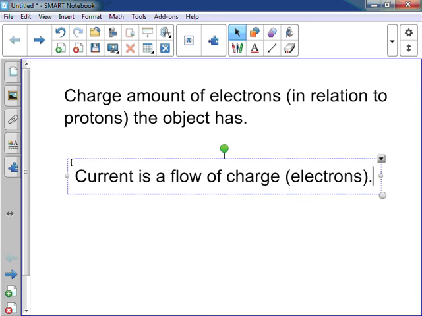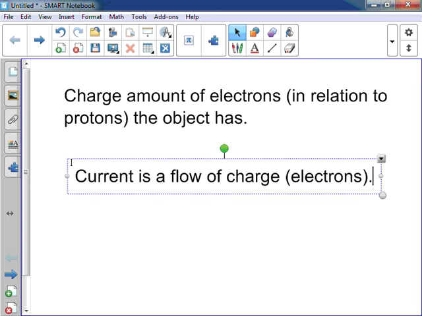The positive ion, negative ion, sodium, things like that, they will be flowing in the current, not electrons themselves. But in our class, it's almost always electrons because we care about a current not inside a solution, but inside a copper or iron wire. And over there, it's always electrons.